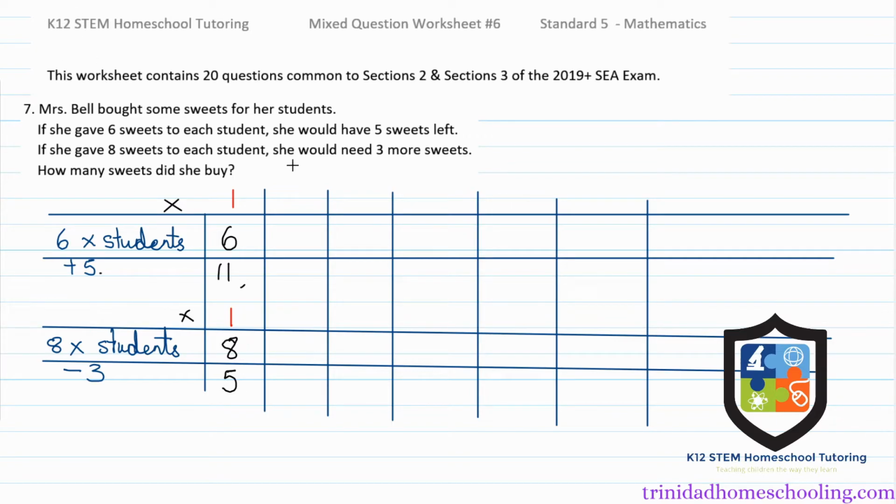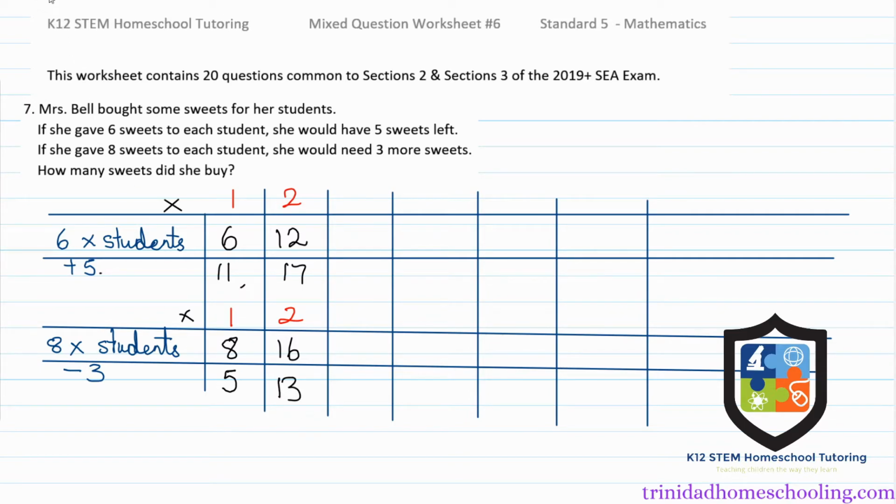So let's try 2 students in the class. 2 6s are 12. 2 8s are 16. So we're using multiples of 6 and multiples of 8 here. 12 plus 5 gives me 17. 16 minus 3 gives me 13.